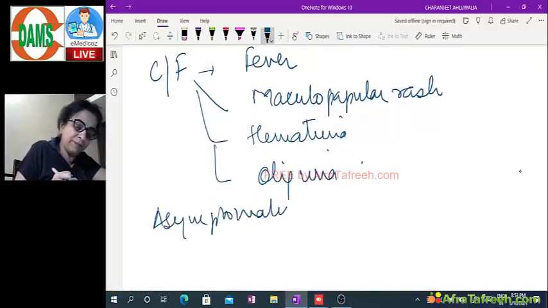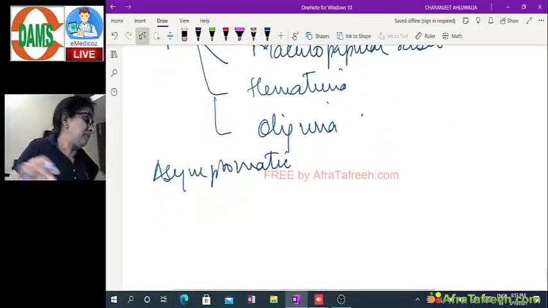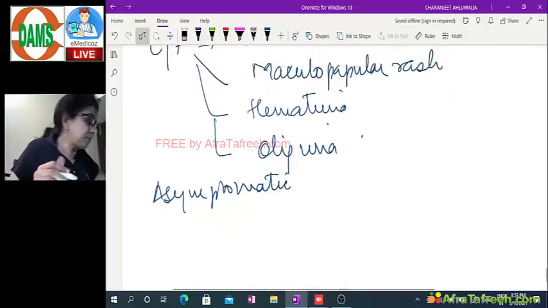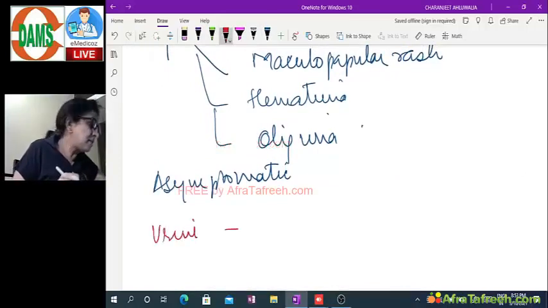Now, a very, very important point which you have to learn for diagnosis. On urine examination, there is classically pyuria, that is pus in the urine.